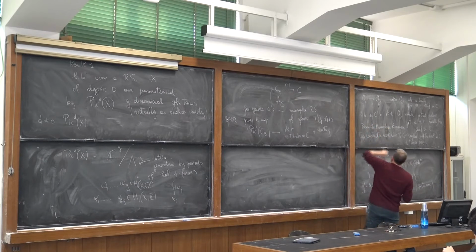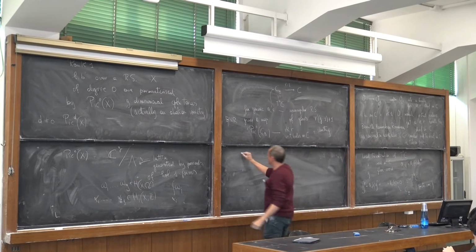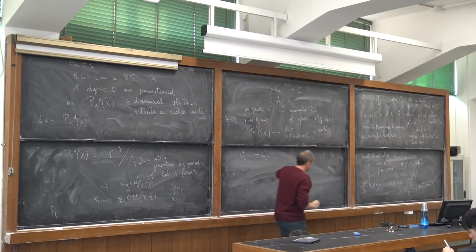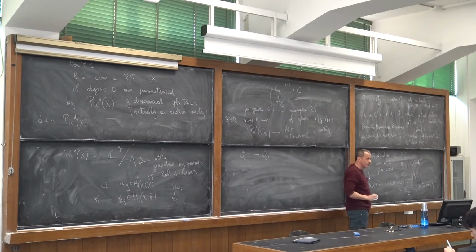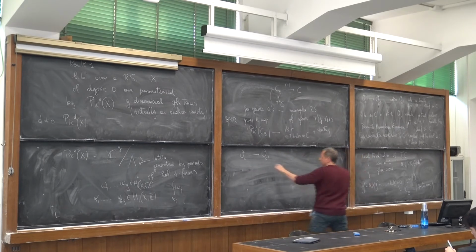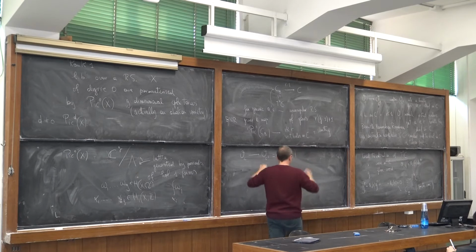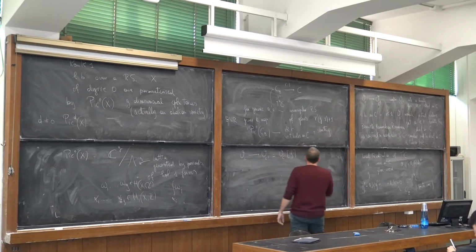So let's look at that map there. So we have this map here. This equation says that O_C' is the same as O_C, then you adjoin the variable, and then you mod out by an integral relation.